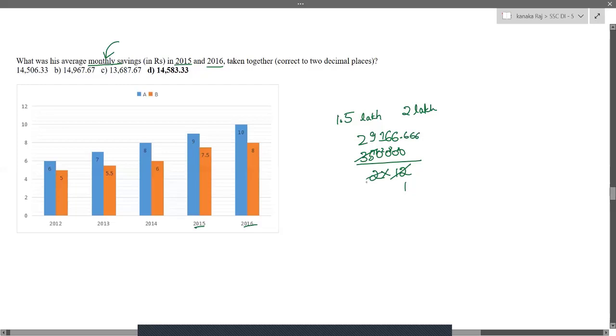Now if I divide all these by 2, what do I get? 2 ones, 2, 2 fours. 8 remaining 1, 2 5s 10 remaining 1, 83.333. So do I have that in our options? Yes, option D, 14,583 will be the monthly average savings.